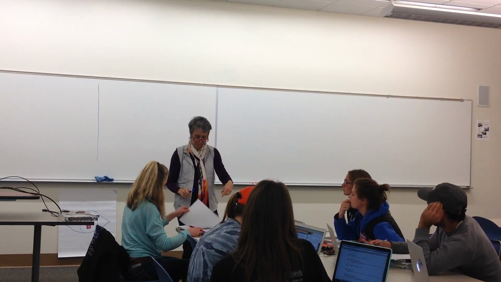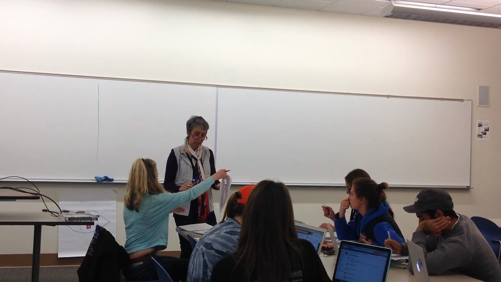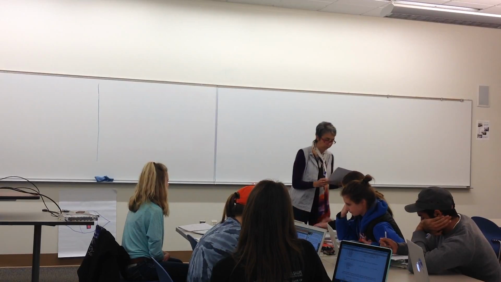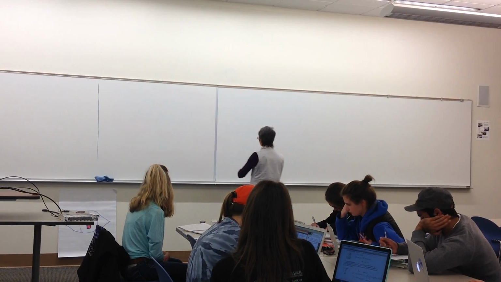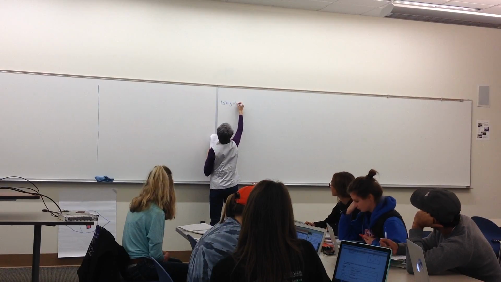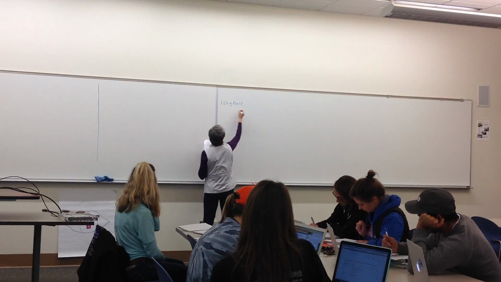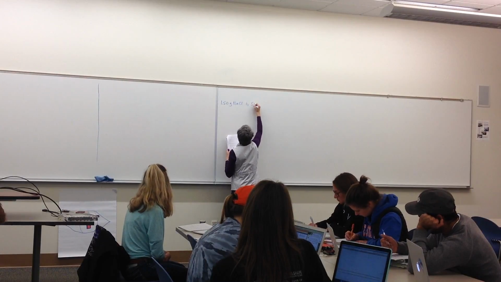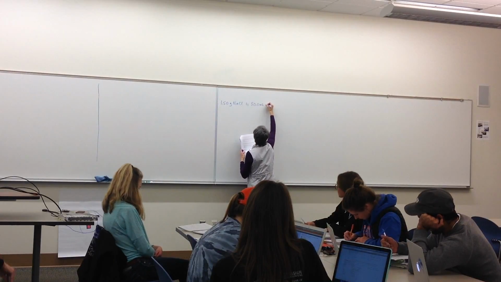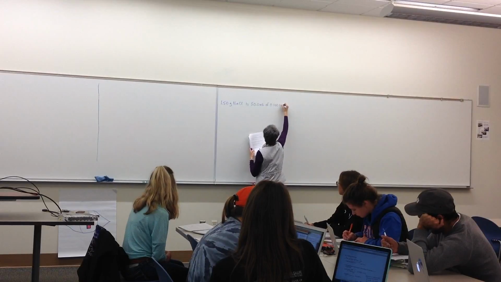So 17? Okay, 17 says a solution is prepared by adding 1.5 grams of solid sodium chloride to 50 milliliters of 0.100 molar calcium chloride.